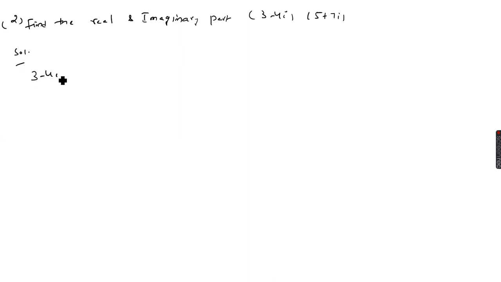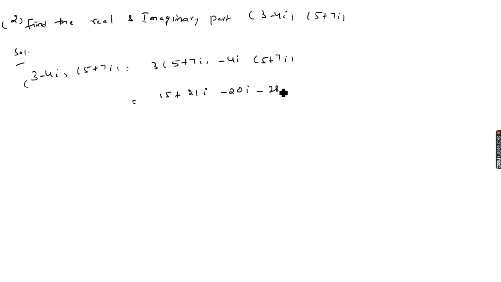Solution: (3 minus 4i) into (5 plus 7i) is equal to, so we multiply 3 into (5 plus 7i) minus 4i into (5 plus 7i). So we get 15 plus 21i minus 20i minus 28i square, and we know that the i square value is equal to minus 1.